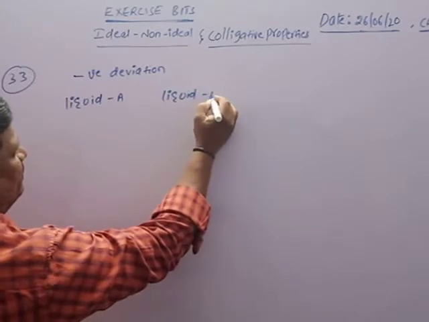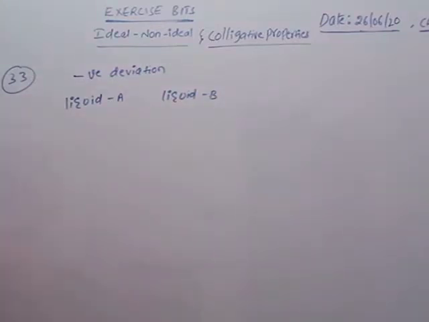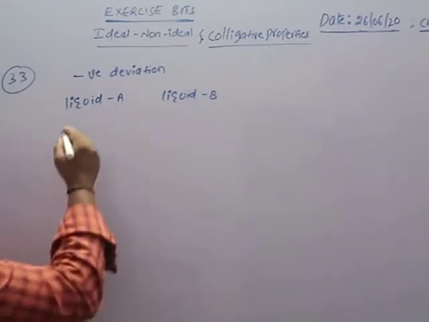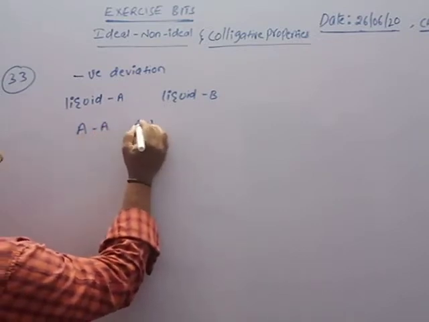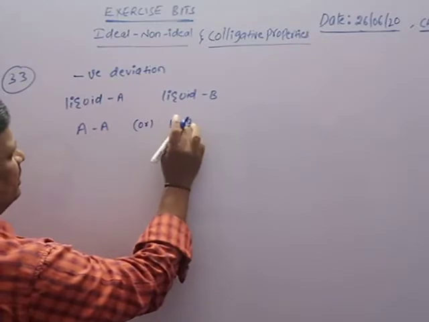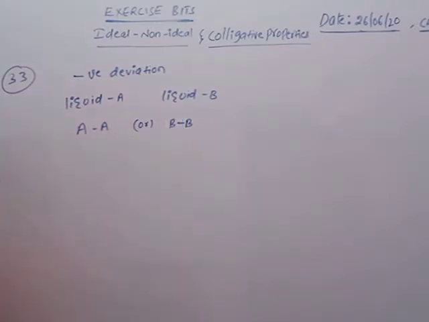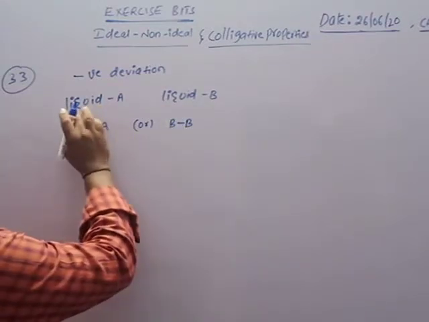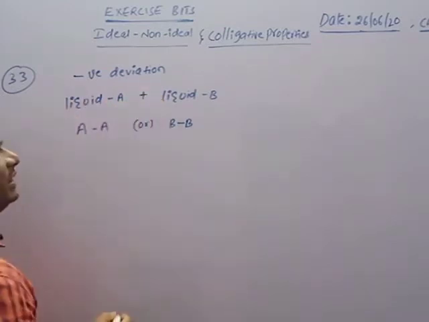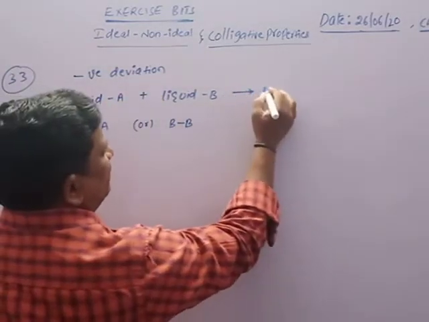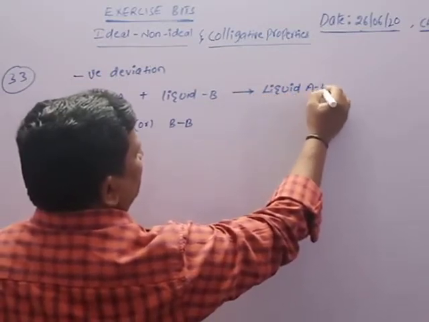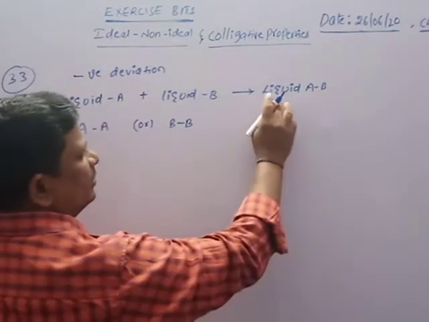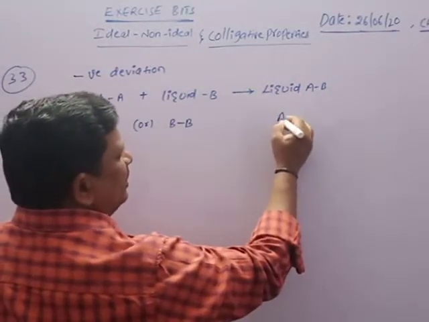In liquid A, there are AA interactions, inter-attractive forces, and in liquid B, BB interactions. When liquid A combines with liquid B, it gives liquid AB, in which there are AB interactions.